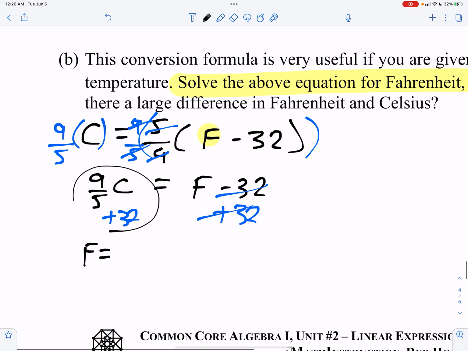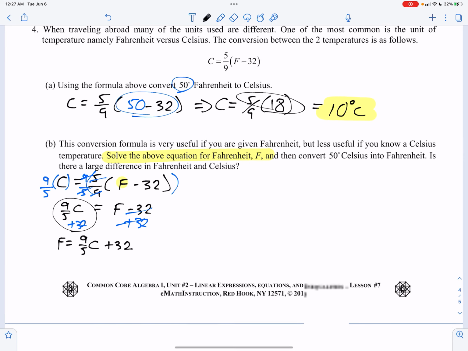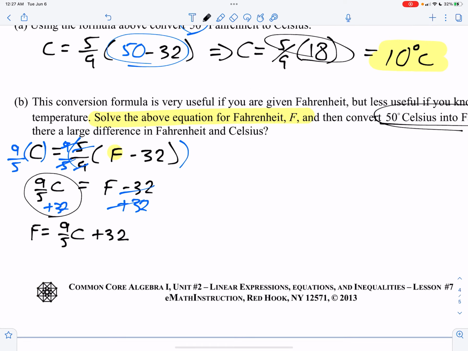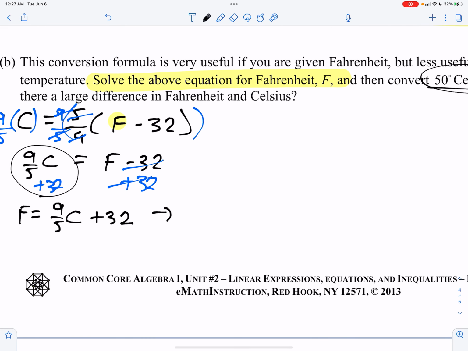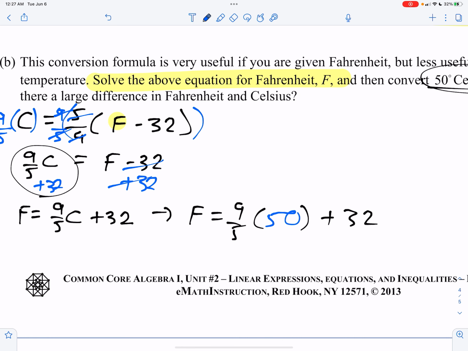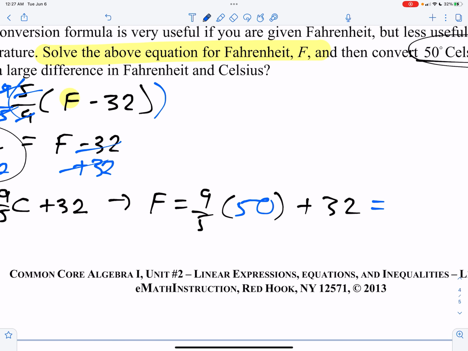Fahrenheit equals 9/5 Celsius plus 32. So convert 50 degrees Celsius into Fahrenheit. So we're going to put 50 degrees Celsius in here and just convert and see what we have.